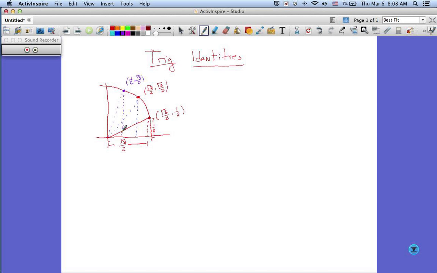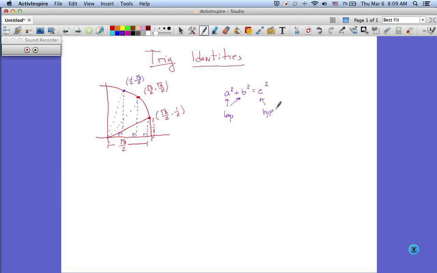These are all right triangles, and what is the one thing that we know about every right triangle? Yep, I think I heard somebody say it. A squared plus B squared equals C squared. A and B are legs, and this is the hypotenuse.